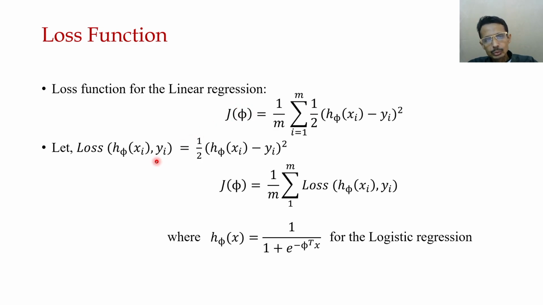Now what we'll do is rewrite this function, writing this part as a loss of h phi xi, yi. So this loss function becomes J of phi equal to 1 by m, sum over 1 to m, of loss of h phi xi, yi. Now for our logistic regression, this h phi xi is a sigmoidal over phi transpose x, so 1 by 1 plus e to the power minus phi transpose x.